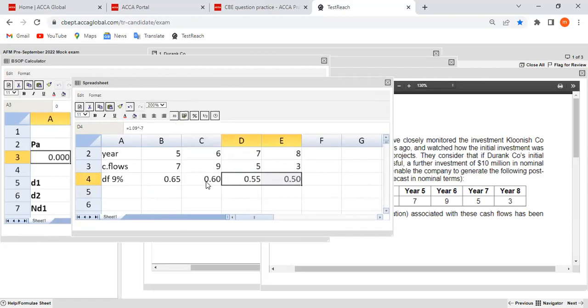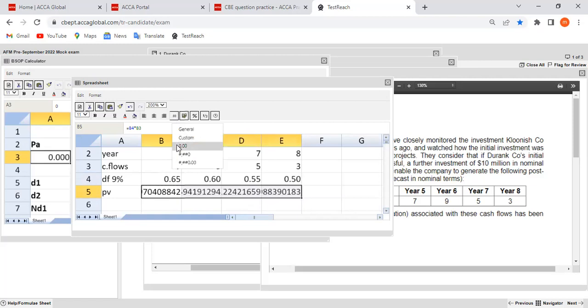Okay, guys, this is the discount factor. Calculate the present value. Copy.